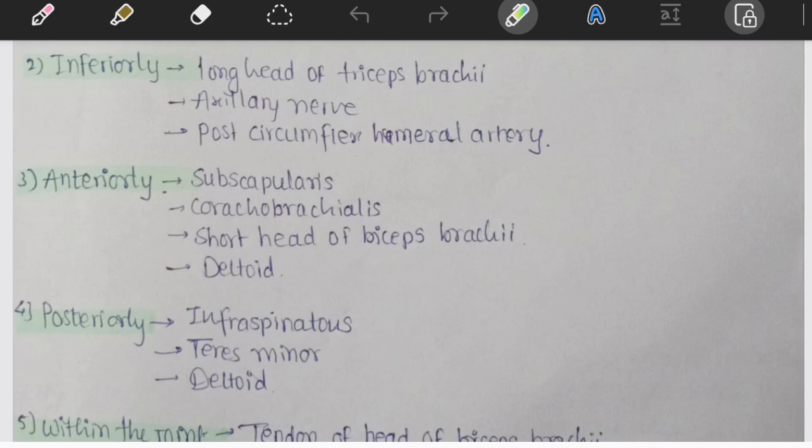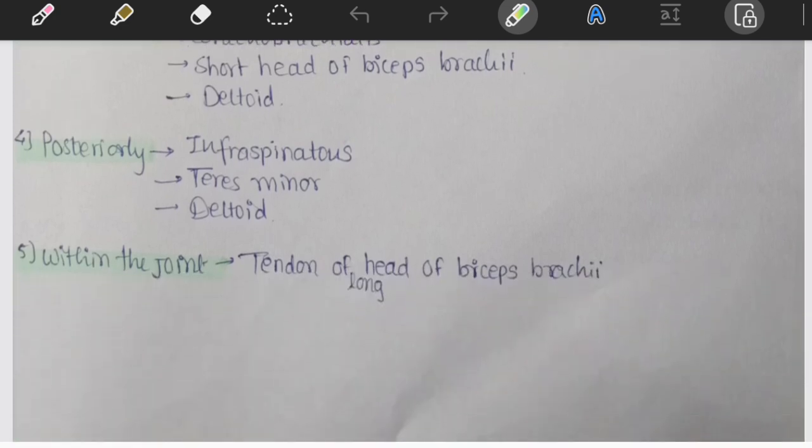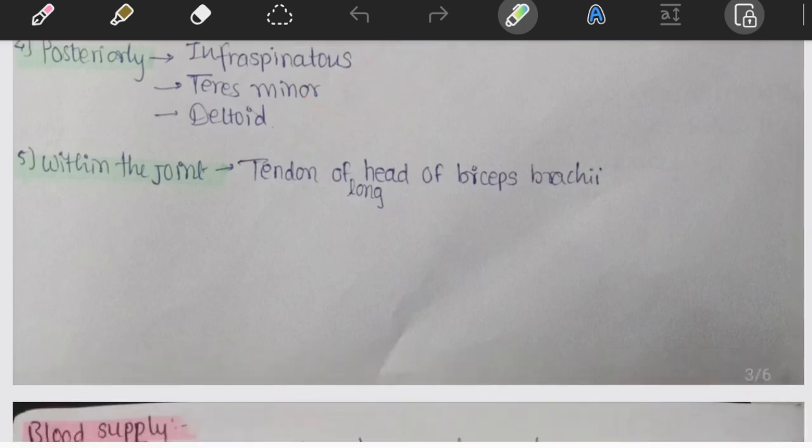Inferiorly, the axillary nerve is endangered during inferior dislocations. Posteriorly, infraspinatus, teres minor and deltoid. Within the joint, the tendon of the long head of biceps brachii. This is the classic viva question.